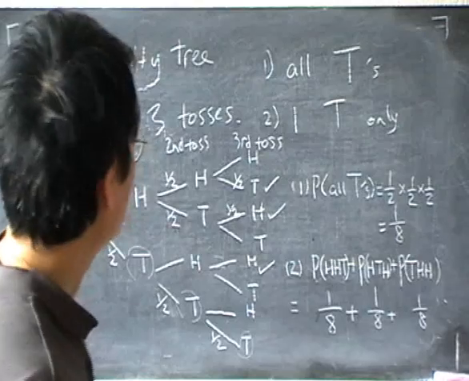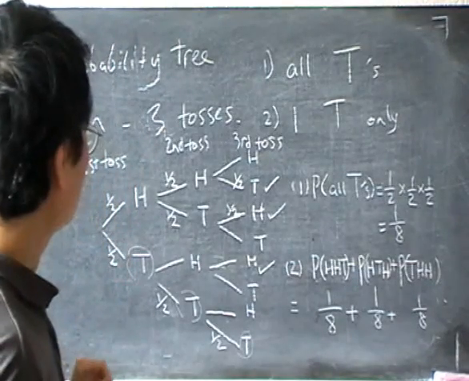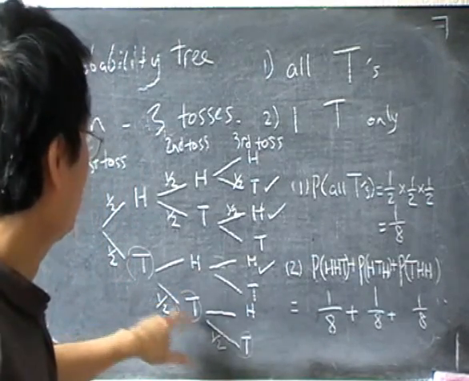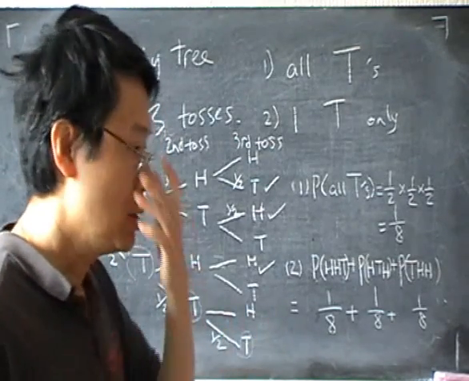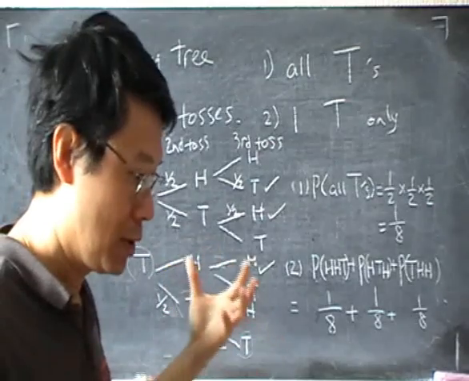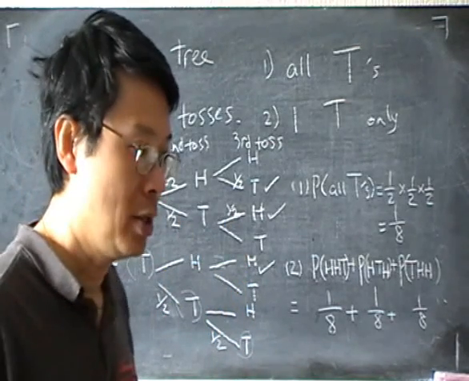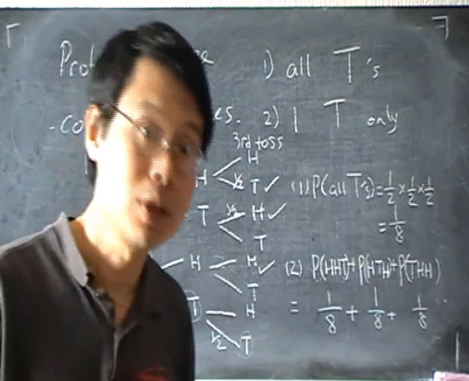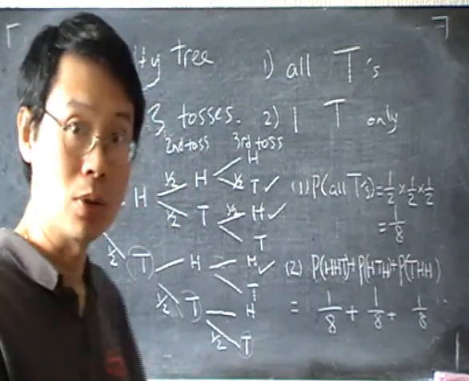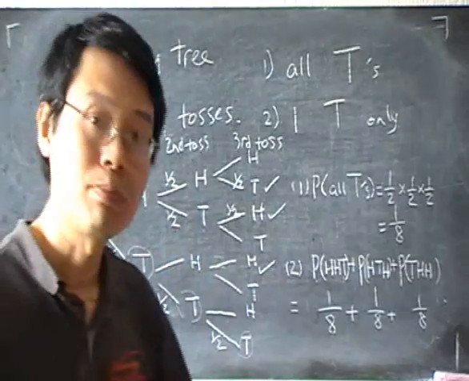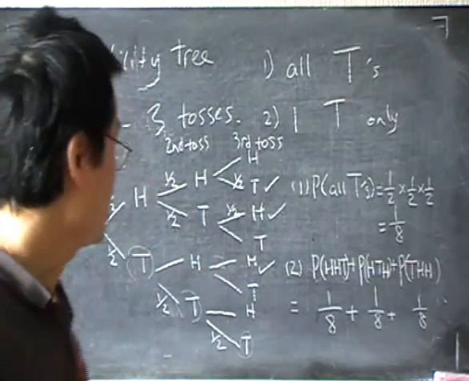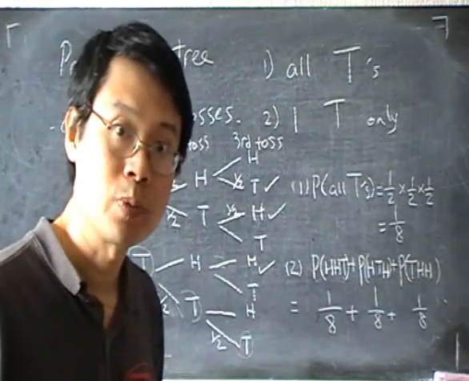What I mean is that in other examples, it is possible that the second event depends on the first event. For example, you can imagine a problem where we have balls of different colors in a box, and each of these events is about picking out a ball to see what the color is.